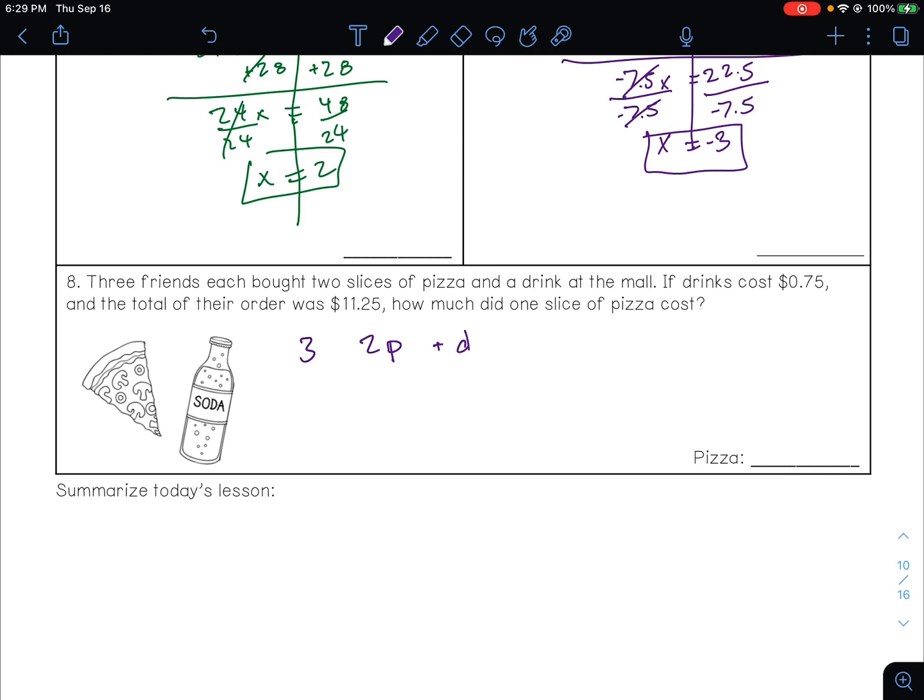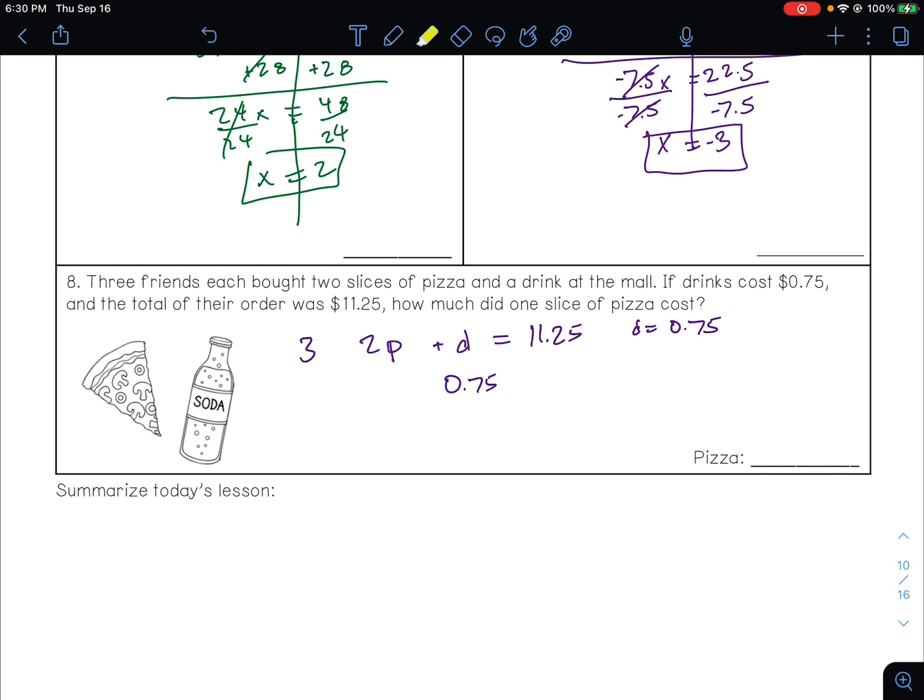And the drinks cost 75 cents. So the drinks, you could say D is 0.75. So we don't even need to write D anymore. It's just 75 cents. And then it's the pizzas we don't know, but we know that in the end, the total was $11.25.